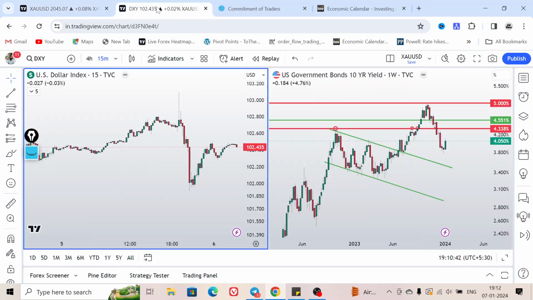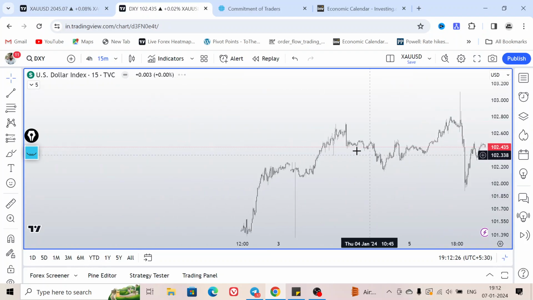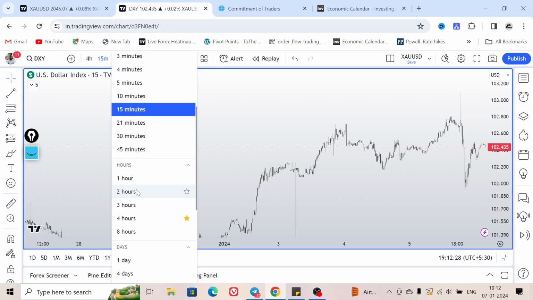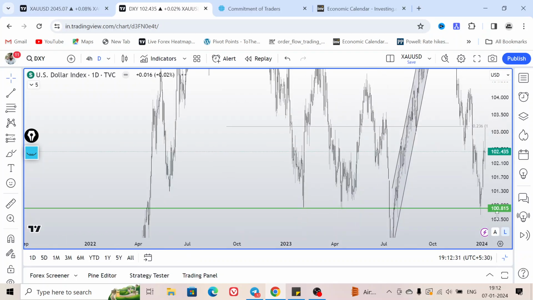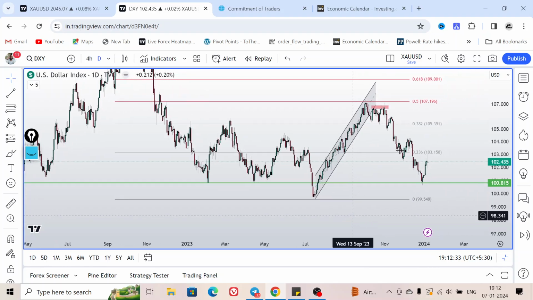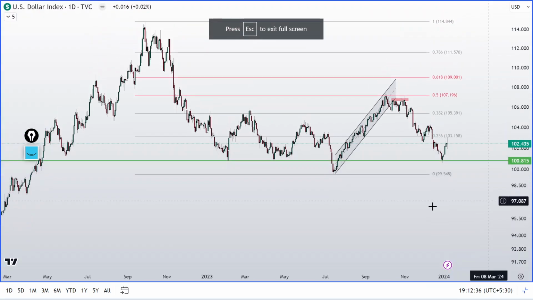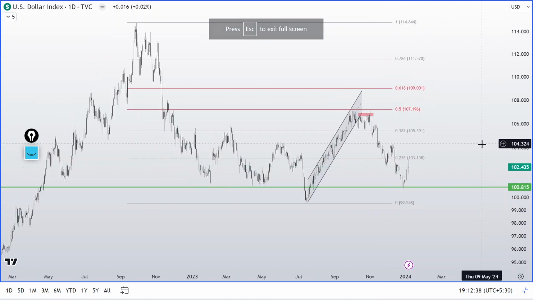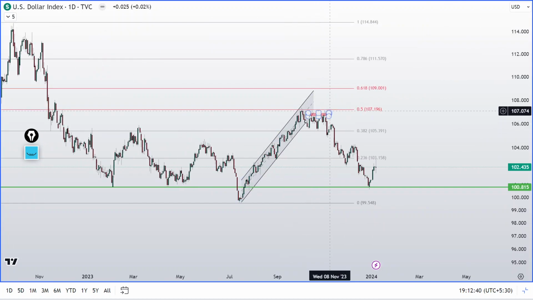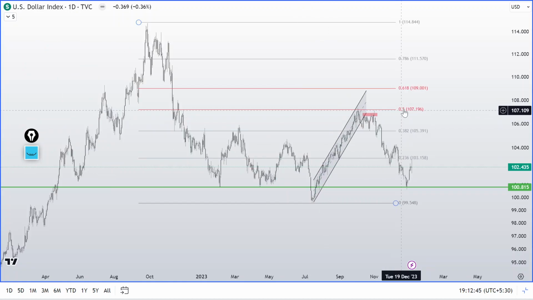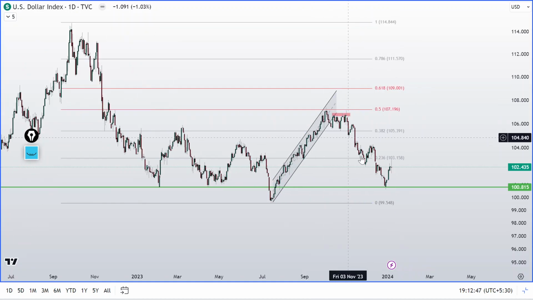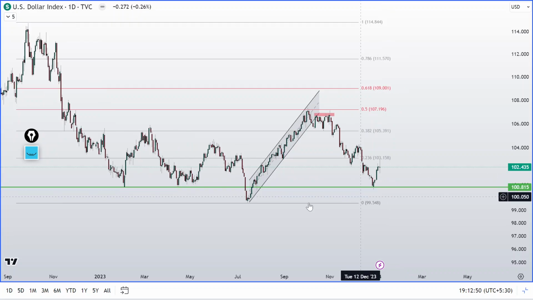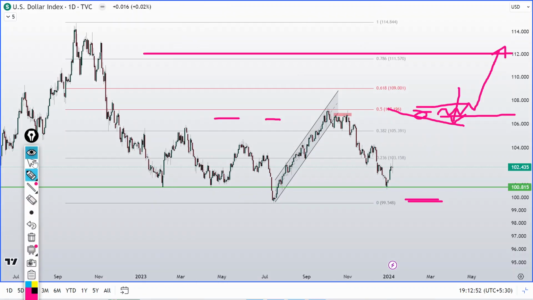And if we check the chart of DXY, that is the dollar chart, let's switch to the daily time frame. As you can see, I have already shown this chart many times in the previous videos also. You can see that it is returning back from this 50% retracement, and it is still in the downtrend, but this line is acting as support, this price level.